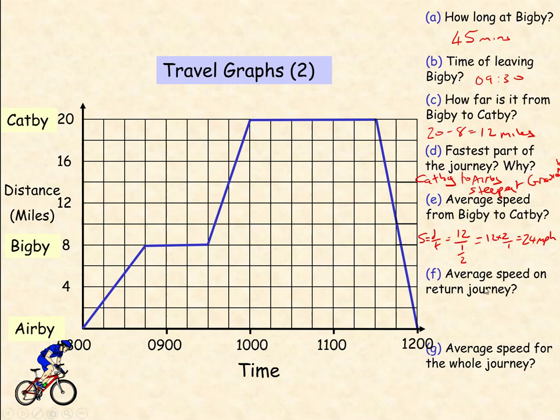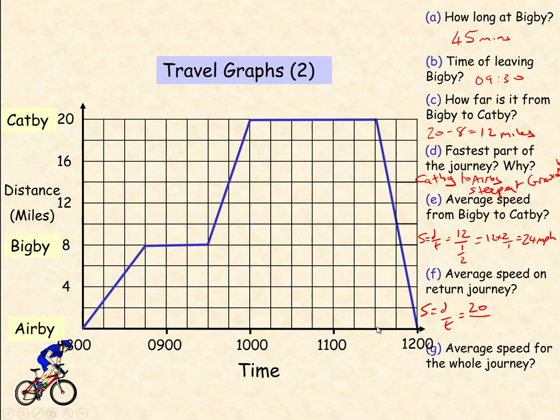Okay, similar sort of thing. Let's do the average speed on the return journey. So on the return journey, you're going from Cat B and go directly to Air B. So write our formula as usual. Speed equals distance over time. And then we work this out. The distance traveled is 20 miles, and the time taken, we divide by time taken.